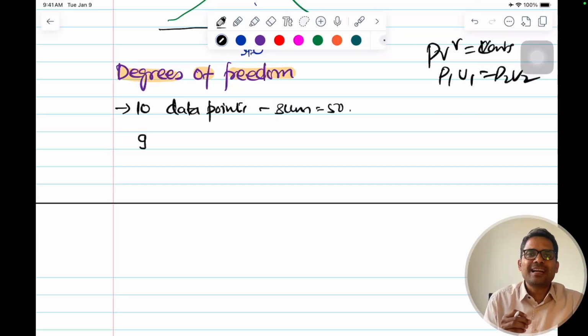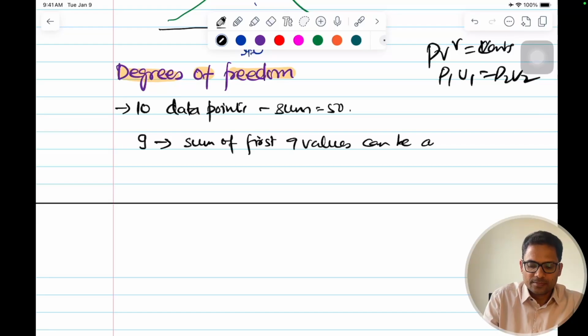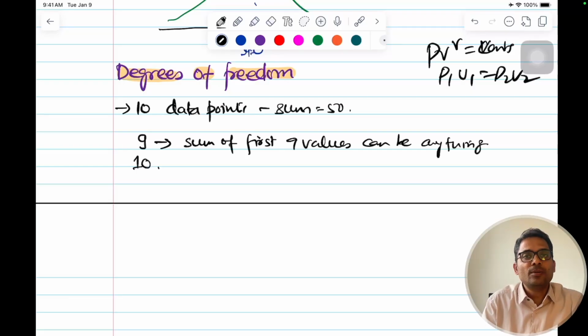The sum of the first 9 values can be anything, arranged in any order, not in ascending or anything. Anyway, it will be less than 50. But the 10th value cannot change; it will be fixed.